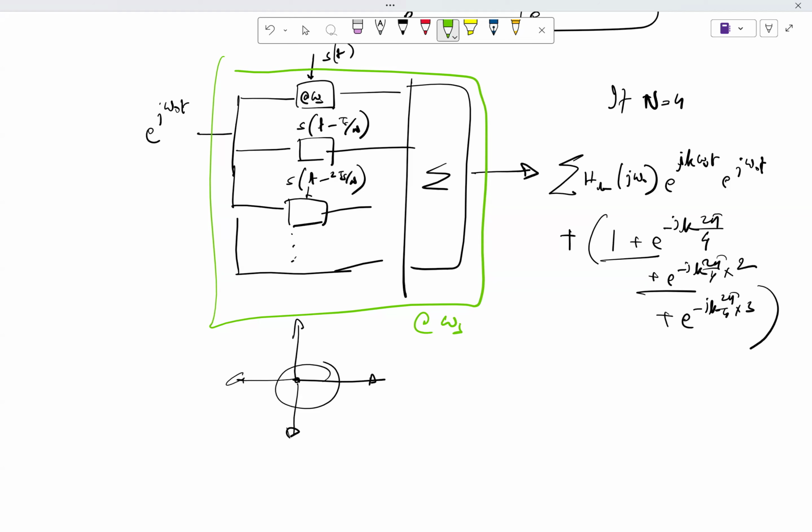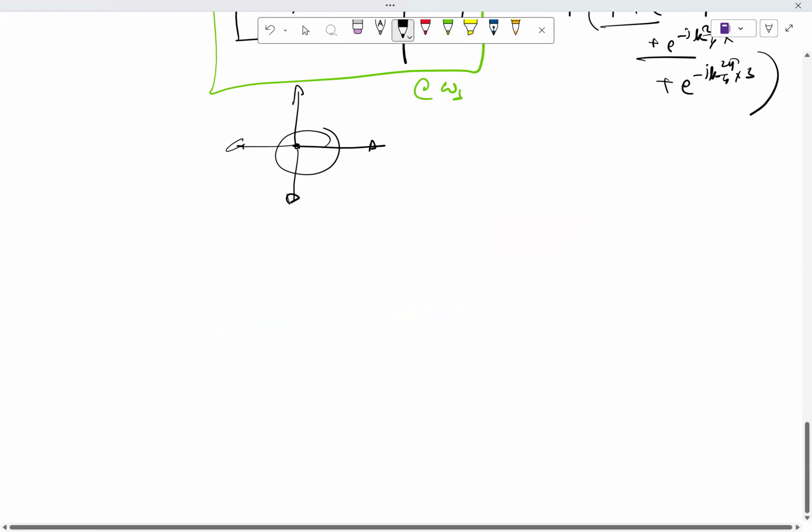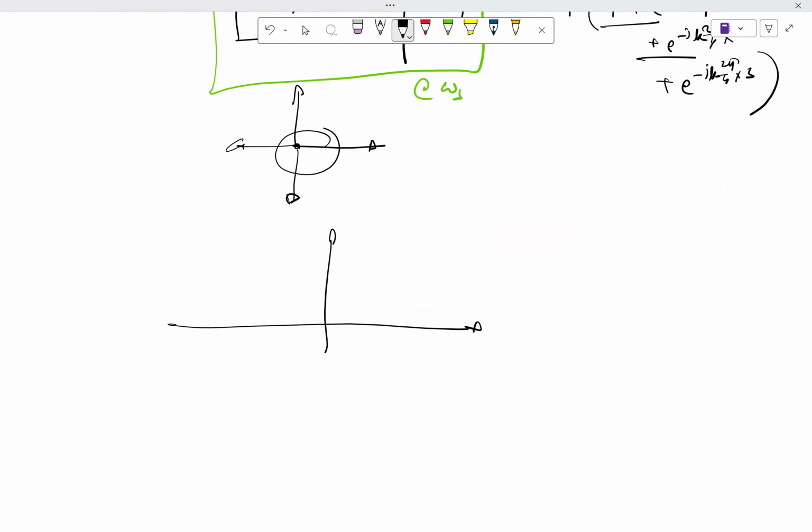So do you see a benefit of this type of LPTV system? Let me put a context. When you had a switch RC, the H_BP, the bandpass response, was having something like this: 0, omega s, 2 omega s, 3 omega s, and then we had 0 here and so on, right?